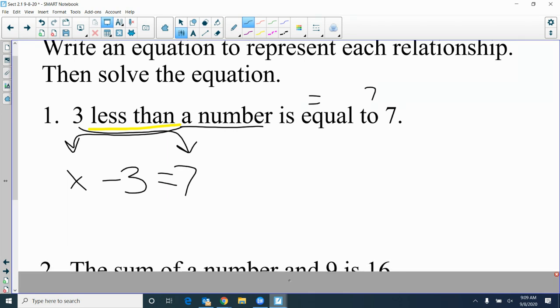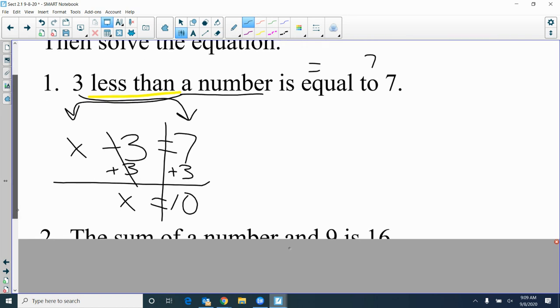So I'm going to draw my line, add 3 to both sides. That gives me 10. So my answer does become 10. But you need to be able to take this phrase and turn it into this, okay? On a quiz or a test, coming up with that equation will be part of it. You'll get scored on that as well. We're not just looking for a correct answer.